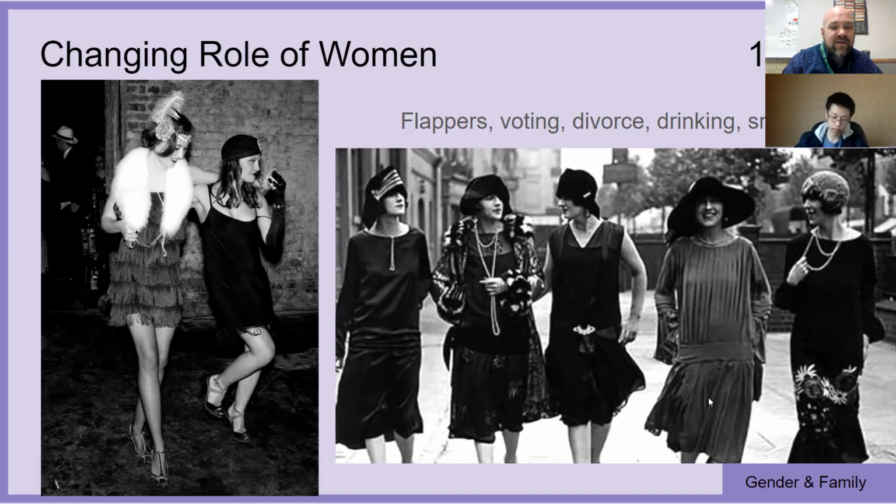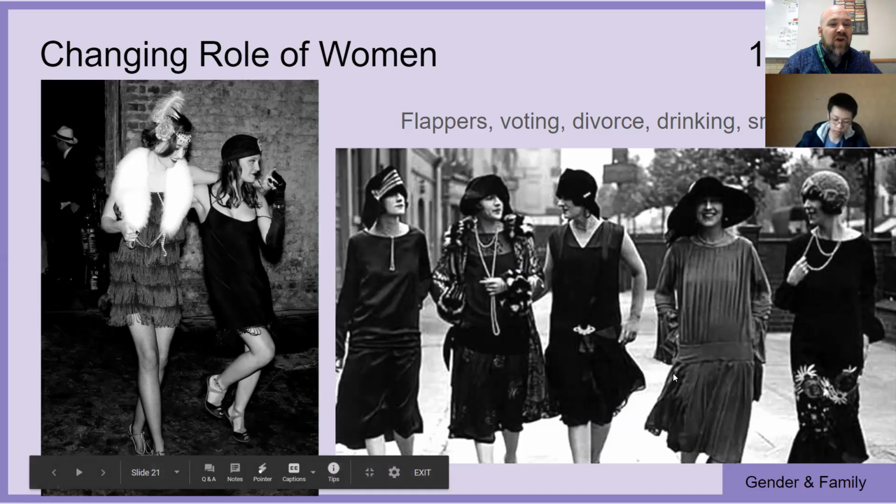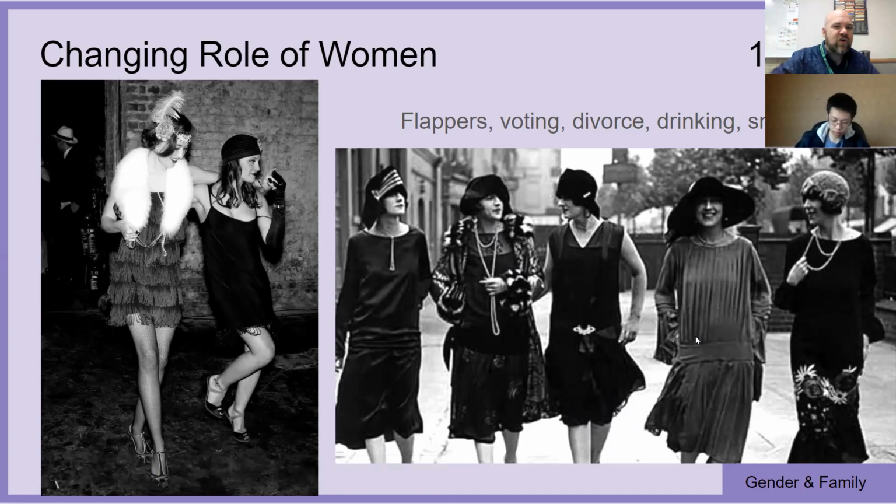They start going out in shorter skirts. Women start cutting their hair. It becomes the height of fashion to wear your hair short. And they start going public drinking and smoking and dancing, right? This is a huge leap forward for women in society, that women are stepping out in a way that they've never stepped out before.